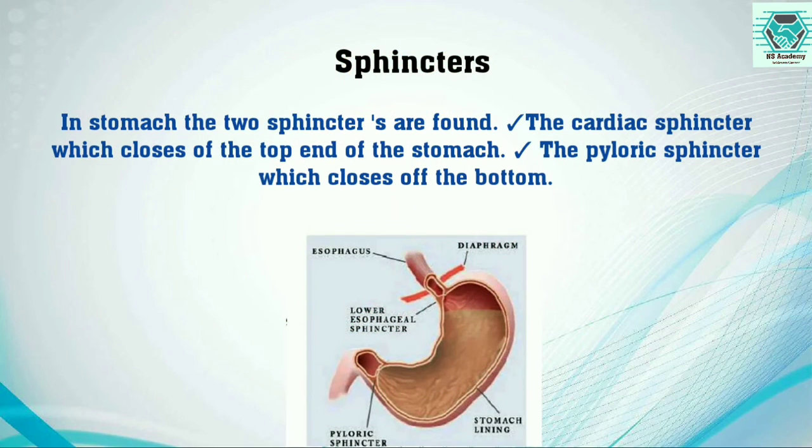There are 2 types of sphincters present in the stomach. Number 1, the cardiac sphincter, which closes off the top end of the stomach, and the pyloric sphincter, which closes off the bottom.